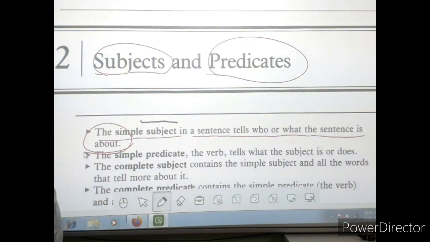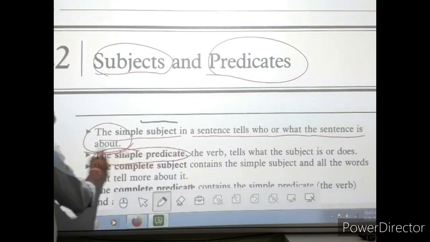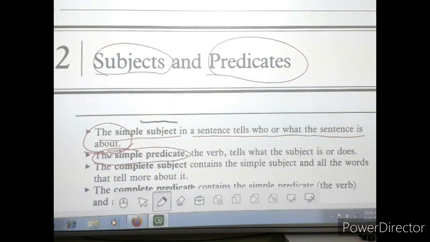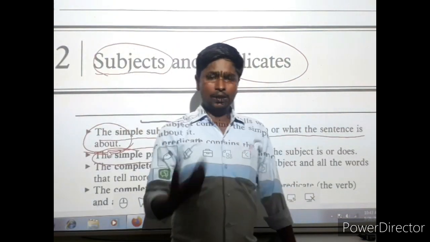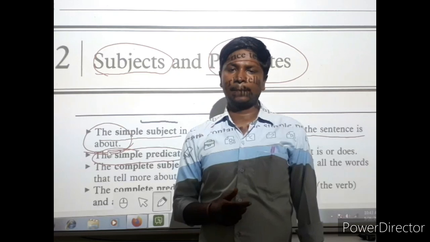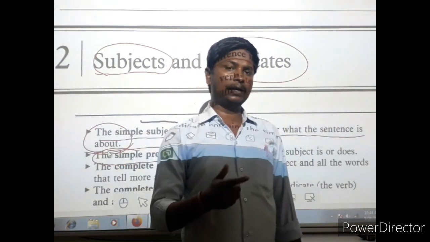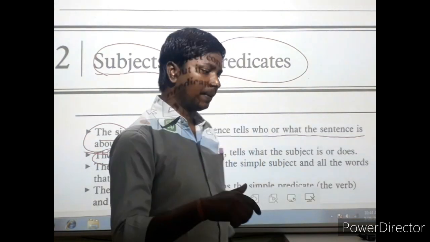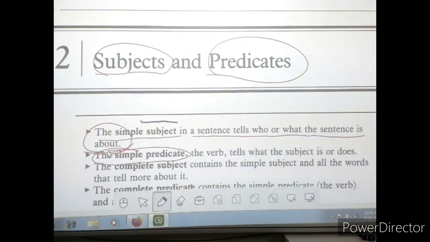After the subject, here you can see the predicate. What is a predicate? Predicate is the part of a sentence that says something about the subject. The part of the sentence that tells what is done by the subject is known as the predicate of the sentence.